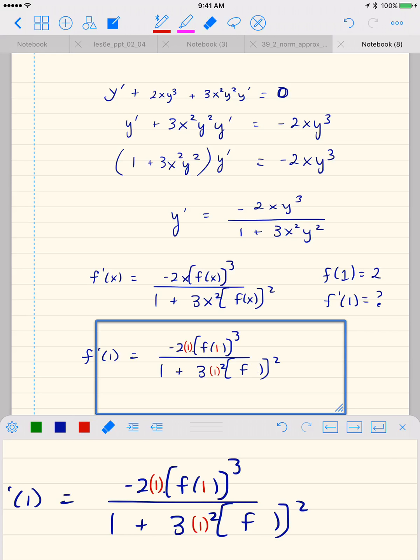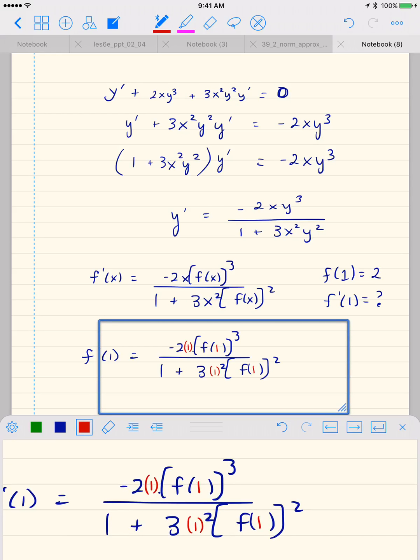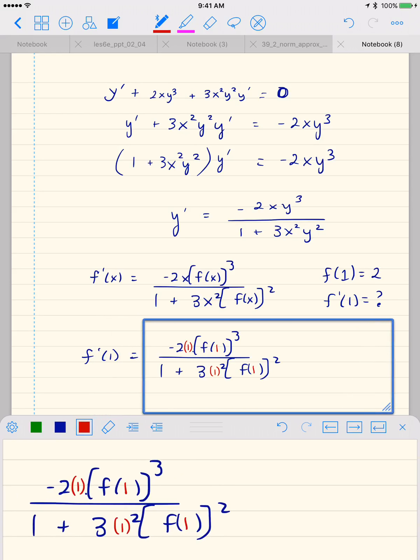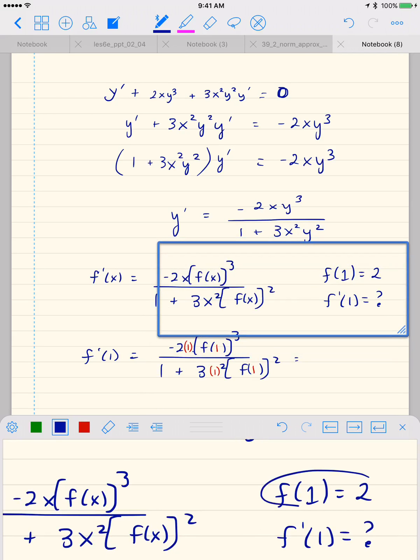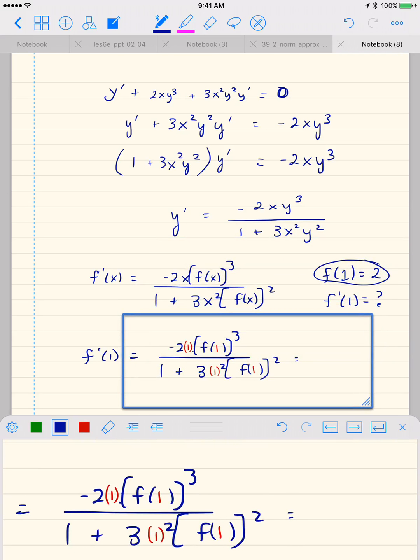And this x, I'm going to replace it with a 1. Okay. So, we know that f of 1 is equal to 2. So I can go back and replace f of 1 with 2.